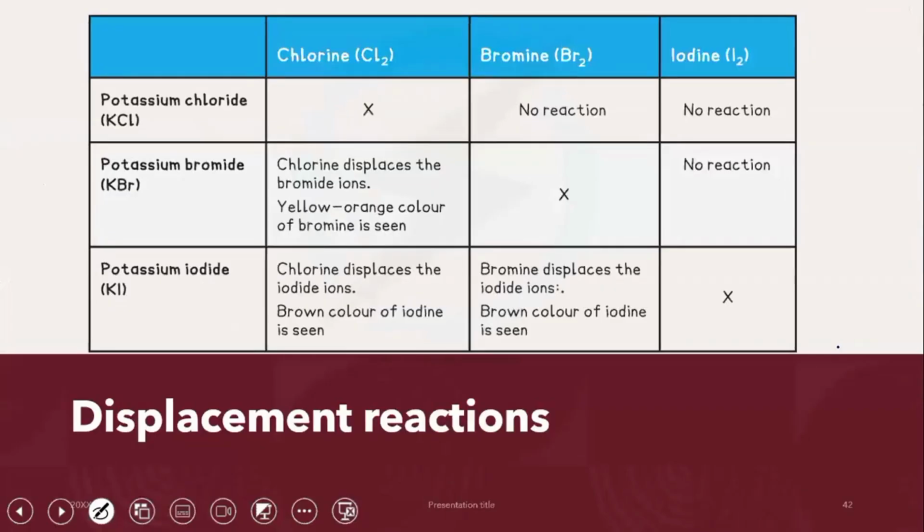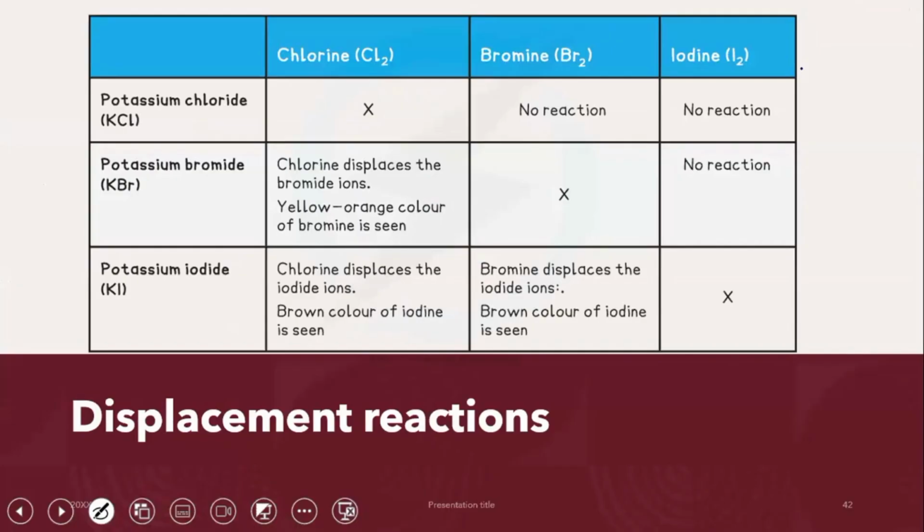Now, for your halogens, this is a really important table I've put in front of you. This is the displacement reactions that they undergo. What is a displacement reaction? In a displacement reaction, a more reactive halogen can displace a less reactive halogen.